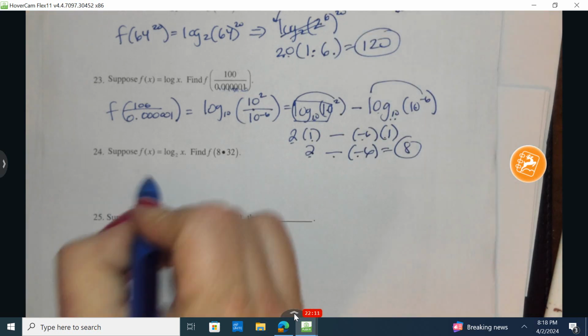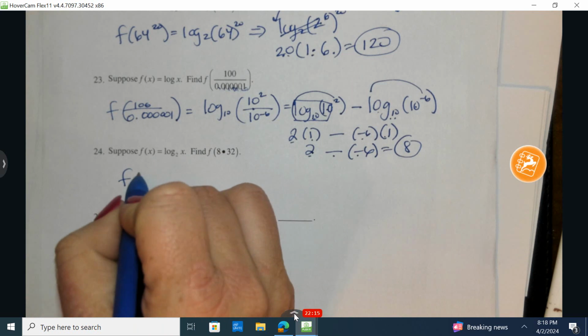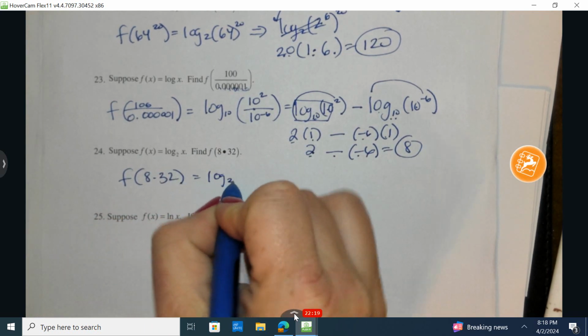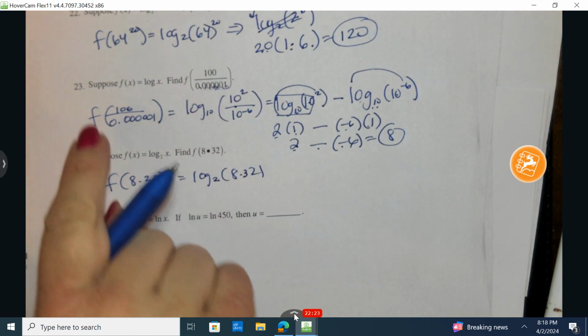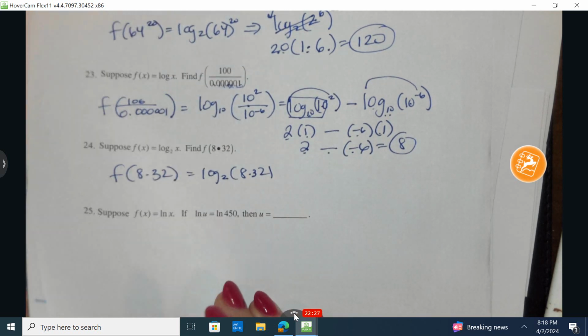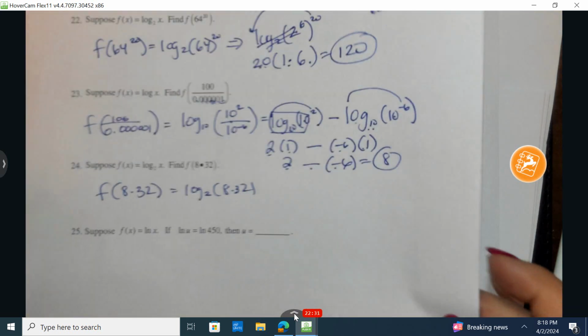Okay, now here we go. We're going to put this in. Ooh, this is looking kind of confusing. We have f of 8 times 32 equals log base 2 of 8 times 32. Now, just like I said, division is in condensed form with subtraction. When we expand it, division turns to subtraction. And when we're multiplying and we expand it, it turns to addition.